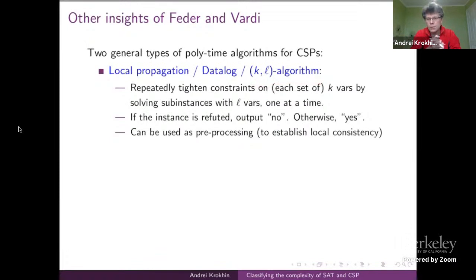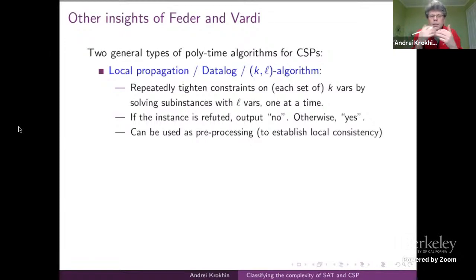And this is how it goes. You take your instance, and then you take two integers, k and l. So l should be greater than or equal to k. And then you introduce a constraint for each set of k variables in your instance.